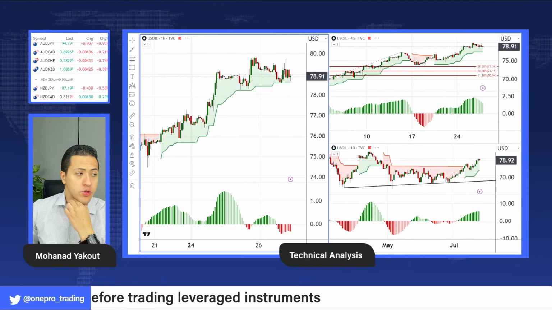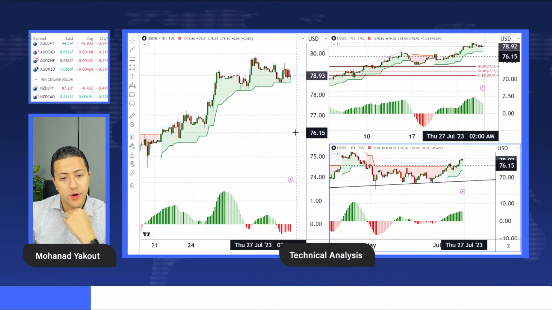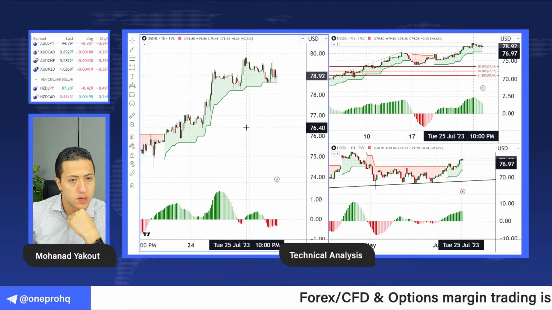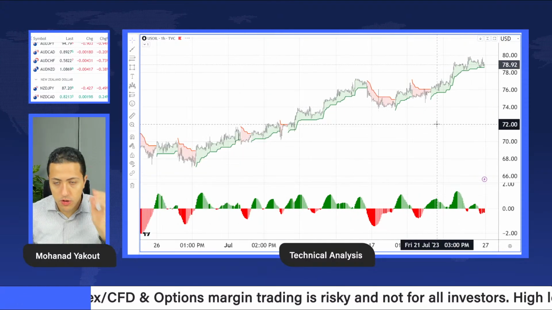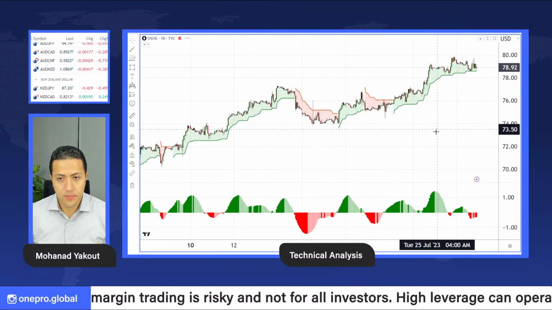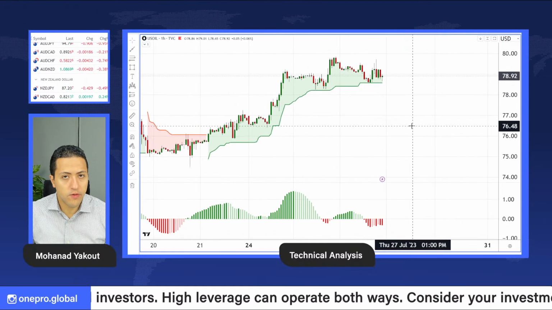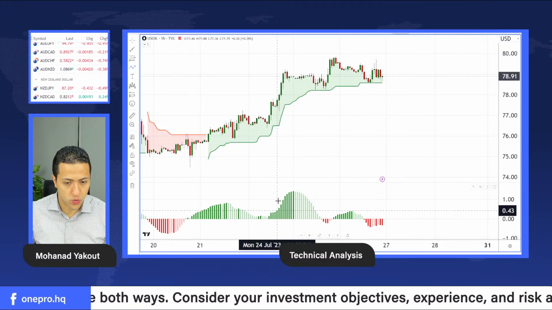Let's have a look at oil prices. Oil prices have been doing well for some time right now, okay? But without any look at any other time frame, if you're not long the US oil right now, it's too late to do so.